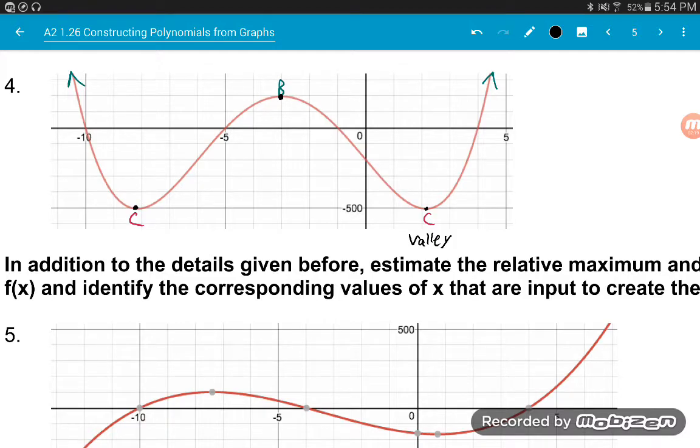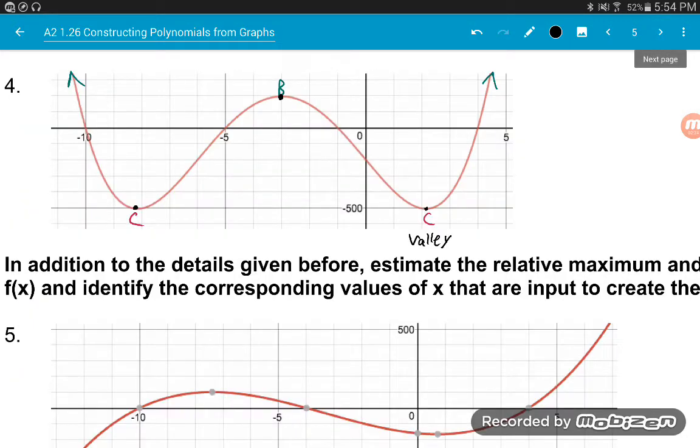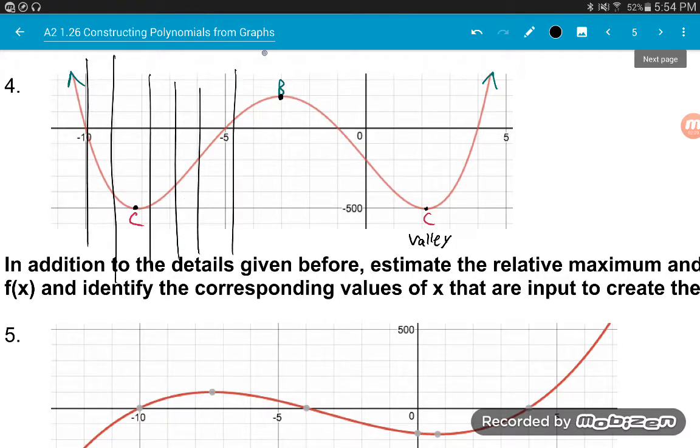Okay. Now part D, is this graph a function or a relation? Well, if I draw a vertical line through it, it only hits in one point no matter where I draw this line. Okay, 1 point, 1 point, 1 point.